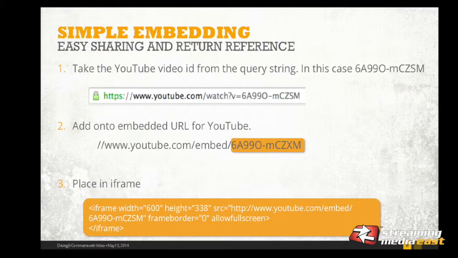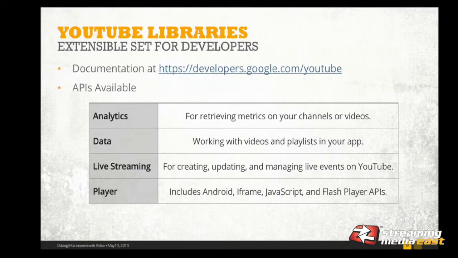It could be as simple as providing an embedded URL, okay, which is simply taking the actual video ID off the query string right here, pasting it onto the YouTube line with embed, and that then will allow you to actually embed that video in your page. Or if you want to get a little bit deeper, YouTube provides several different API libraries.